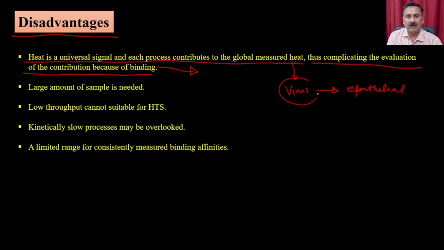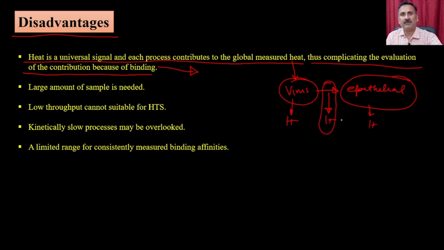You cannot say whether the heat exchange is from the virus particle, from the epithelial cell, or from their interactions. The only way to distinguish is to subtract the first two from the original data, but sometimes that may not be accurate, and that may also be misleading.